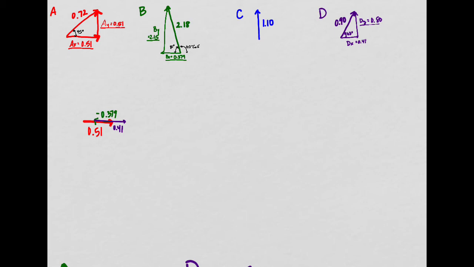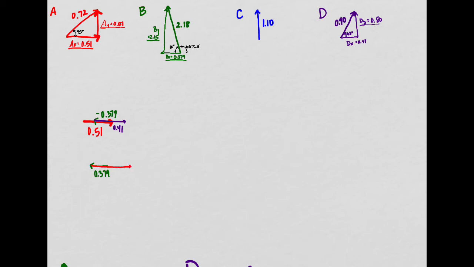It doesn't matter the direction or the order in which we add any of these horizontal or vertical components, as long as they are head to tail and we're adding them all. So if we were to start with the one that's in the opposite direction, we'd start here and go back 0.379, and then go forward with our regular.